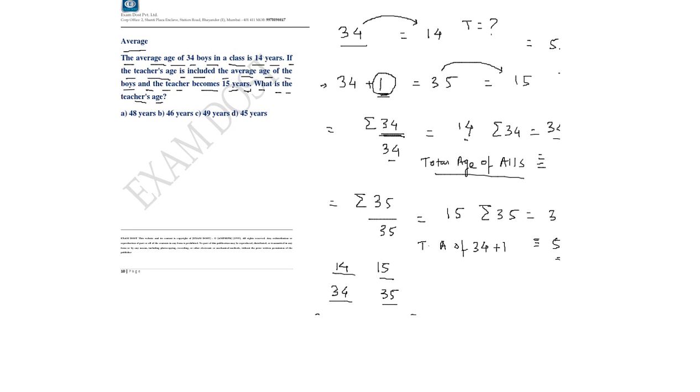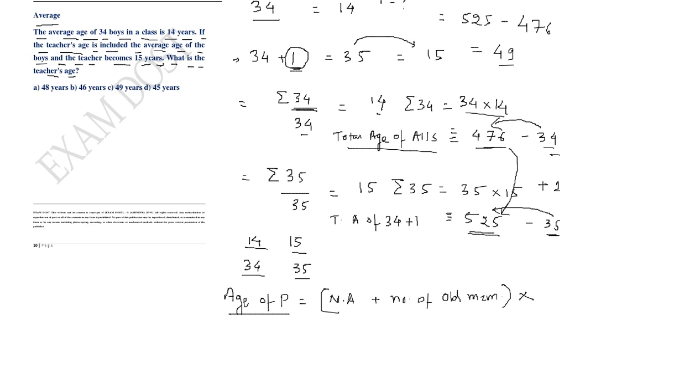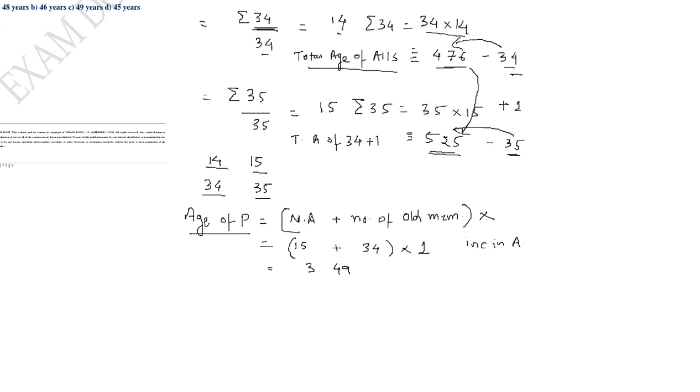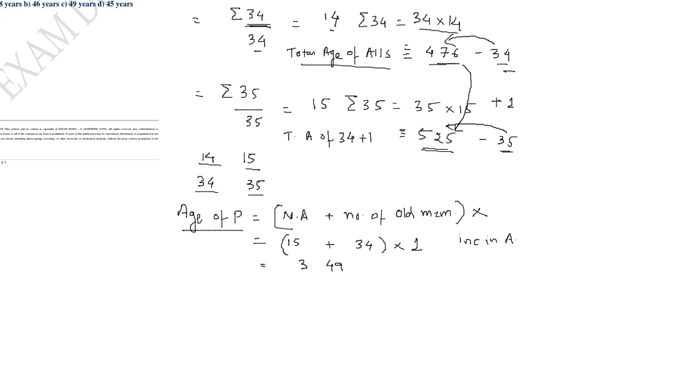So again you get the same, which is 49. So this is an important relation you can write down: age of the person is new average plus number of old members multiplied by increase in average.